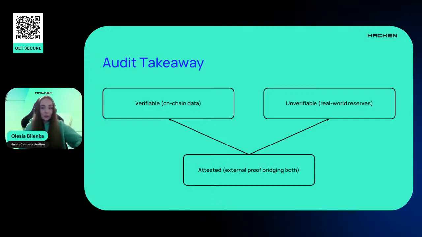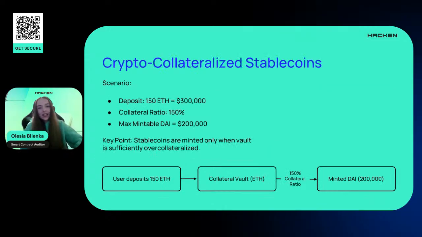Now we can move on to crypto-collateralized stablecoins, and here everything happens on chain. Users deposit crypto and get minted stablecoins against it. So it's a fully mechanical system, no banks, no attestors, it's just code and collateral.